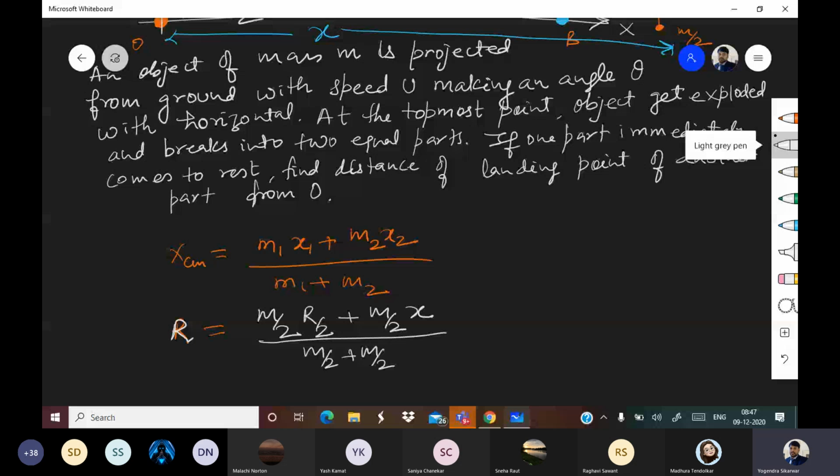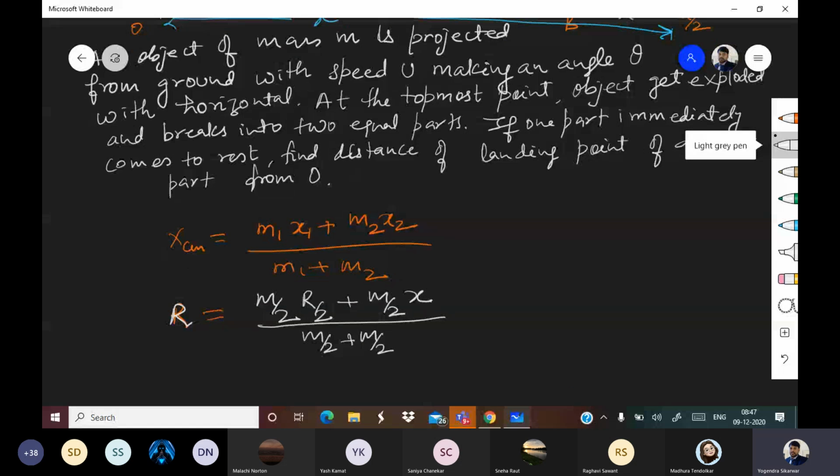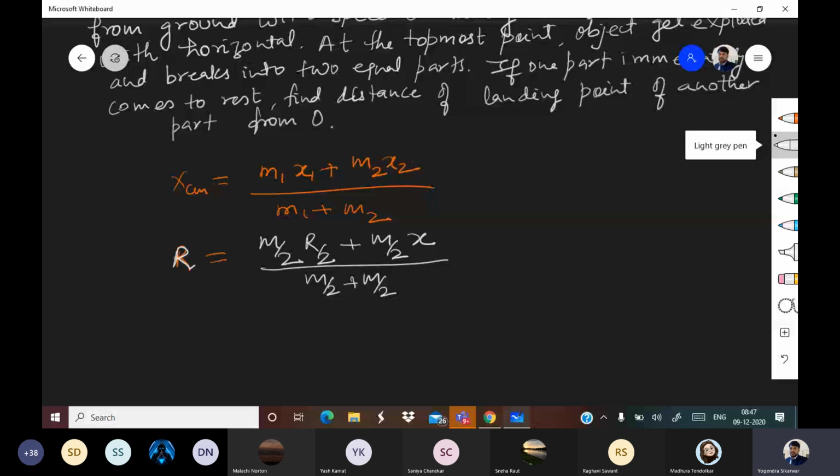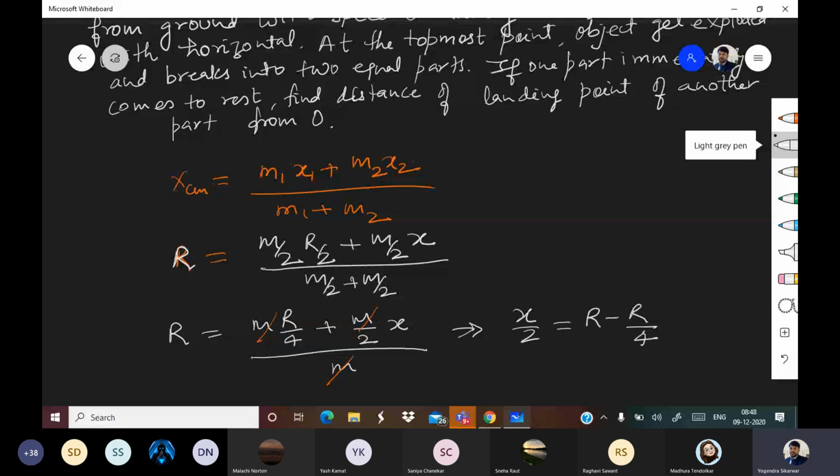If we simplify this, what we get is R equals m into R by 4 plus m by 2 into x upon m. Because m by 2 plus m by 2 is m, this m, this m, this m got cancelled, and from here we get x by 2 equals R minus R by 4.